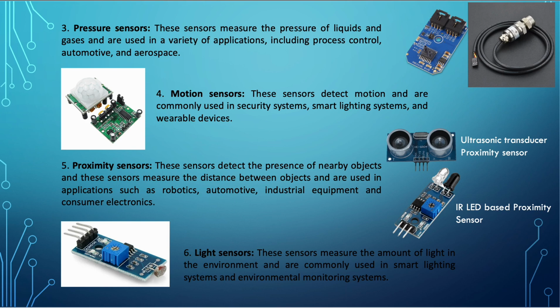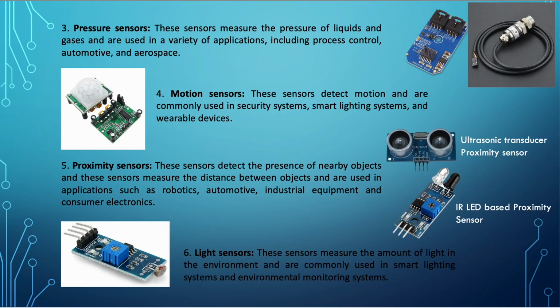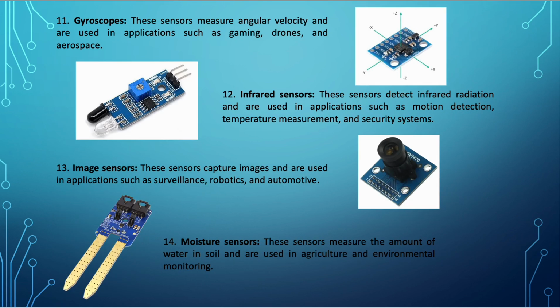So these 14: temperature, humidity, pressure, motion, proximity, light, gas, sound, accelerometers, magnetic sensors or magnetometers, gyroscopes, infrared sensors, image sensors, and moisture sensors.